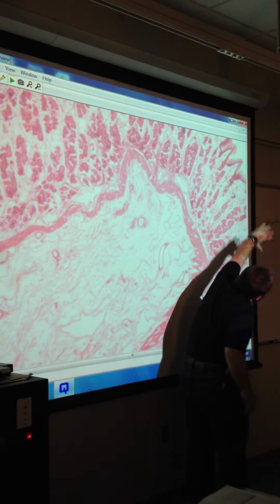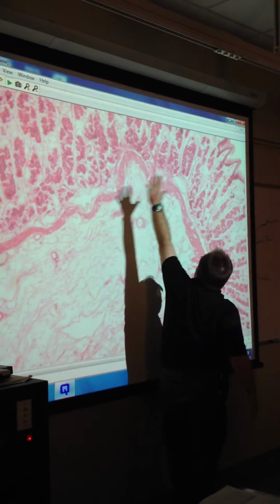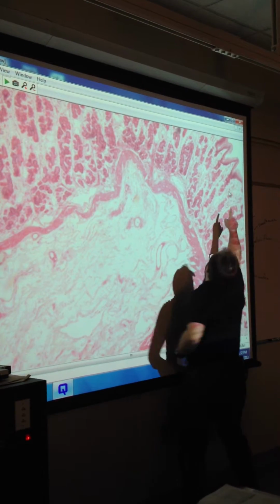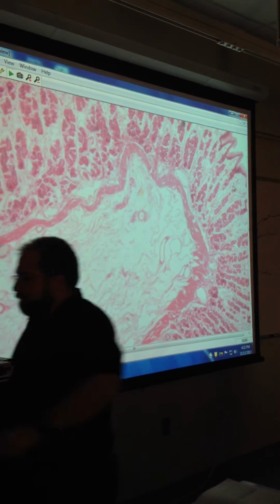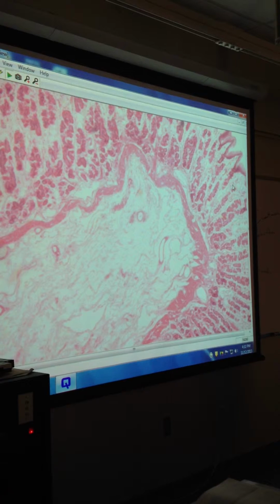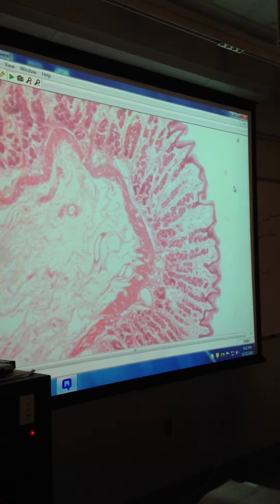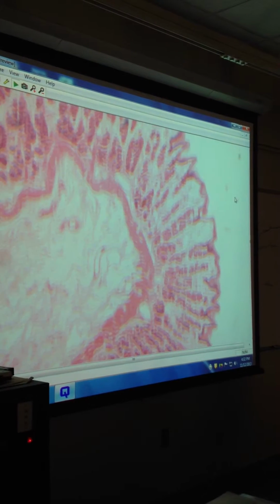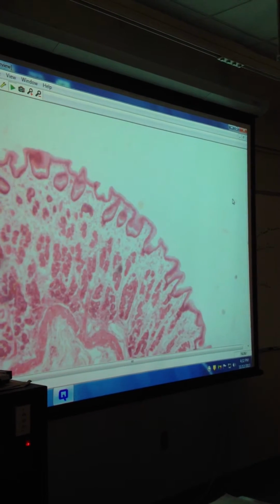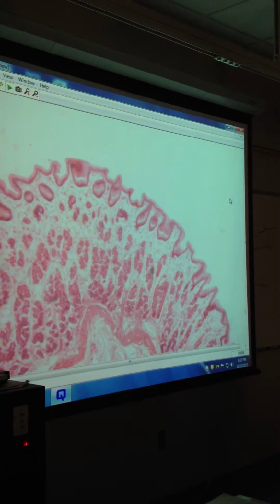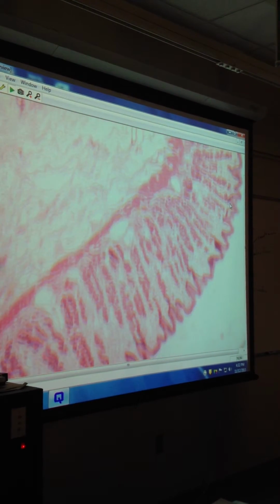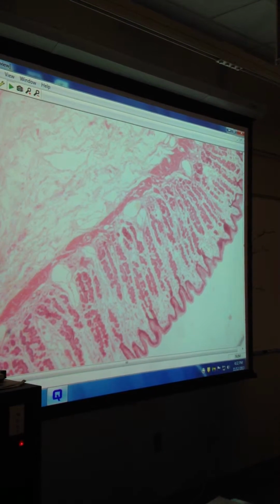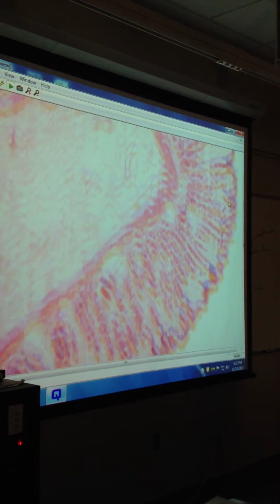The epithelium is doing that. There's the outer epithelium, so there's the outer surface. If I scroll down a bit, you can see how that folds inward. Now, what layers can we see here?